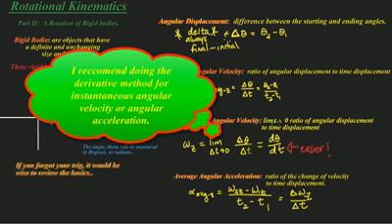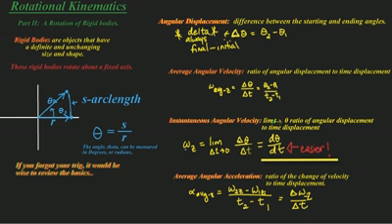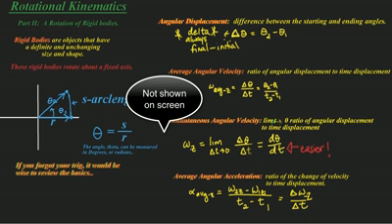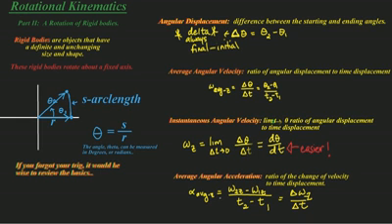And most of the times when I'm solving a problem, I will do the derivative, whether it's instantaneous angular velocity or the same principles arise for acceleration. So I would take the derivative of the angular velocity equation with respect to time to get the instantaneous angular acceleration, alpha, or the average angular acceleration would just be the change in the angular velocities over the change in time.